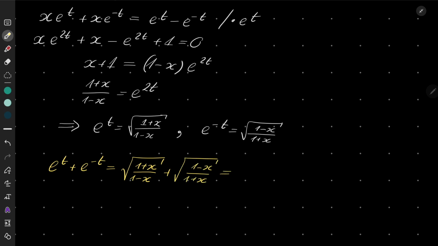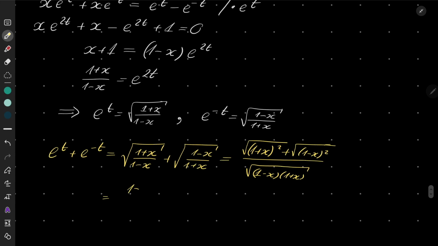Well, after making a single denominator, the denominator will have 1 minus x, 1 plus x, and here I will have 1 plus x squared under square root plus 1 minus x under square root. And what is that exactly? Well, that's 1 plus x plus 1 minus x over 1 minus x squared. So it's 2 over square root of 1 minus x squared.